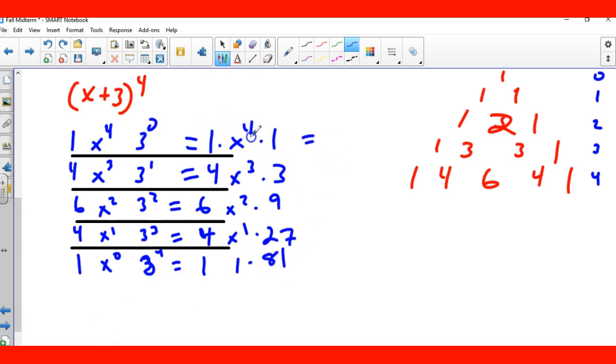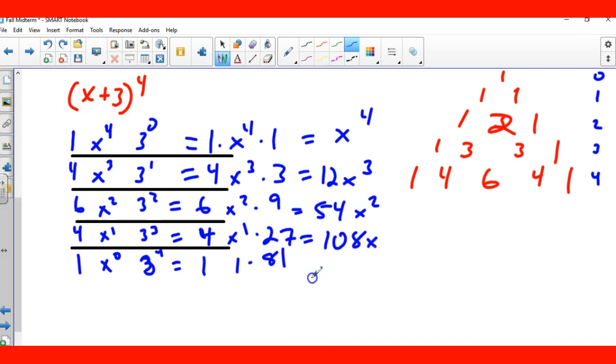So now here we go. 1 times x to the 4th times 1 is x to the 4th. 4 times x cubed times 3 is going to be 12x cubed. 6 times 9 is 54. X squared. 4 times 27 is 108x.